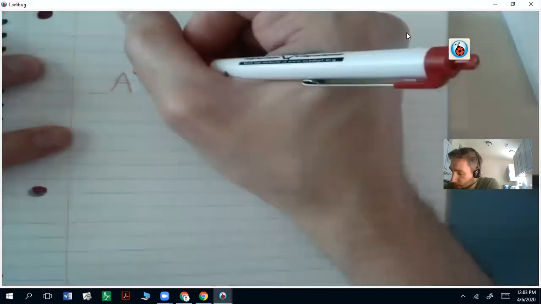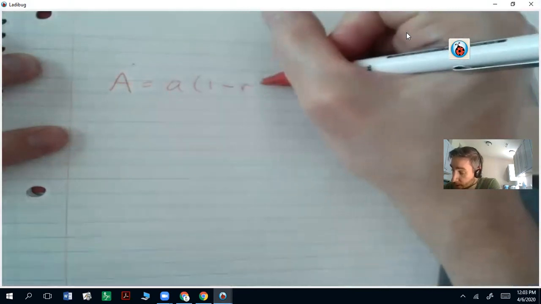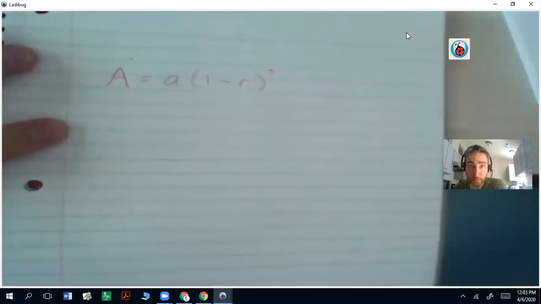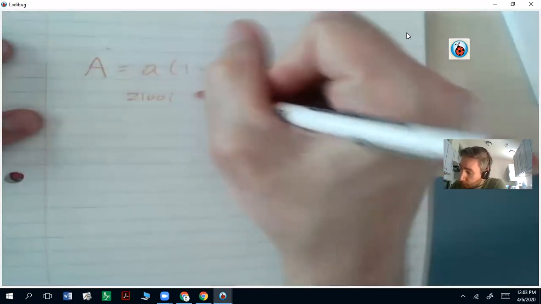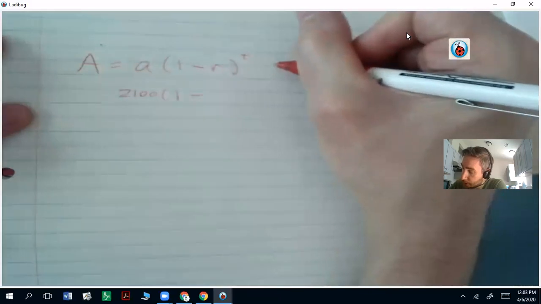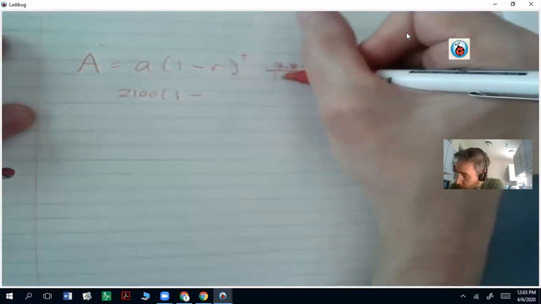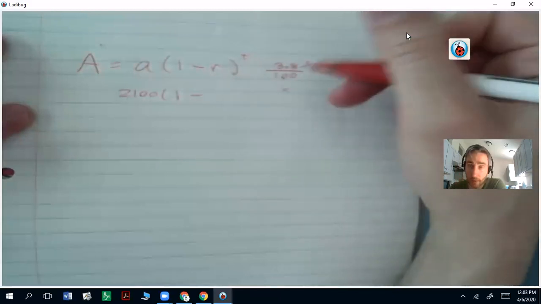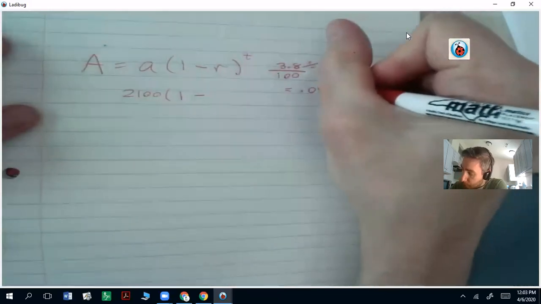So what you're going to do to set up your problem is you'll do capital A equals lowercase a parentheses 1 minus the rate, because it's decay, to the t power. Since the starting amount is 2,100 and the rate is 3.8%, which as a decimal is 3.8 divided by 100, is 0.038.